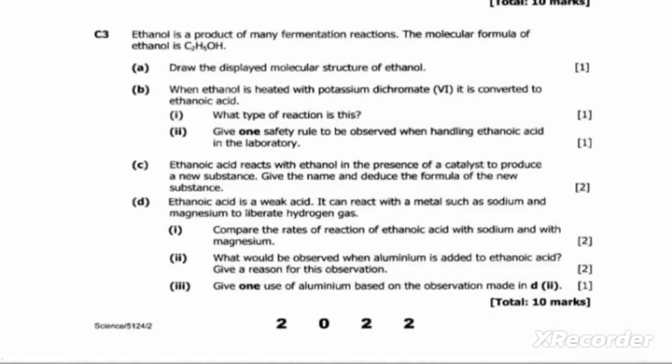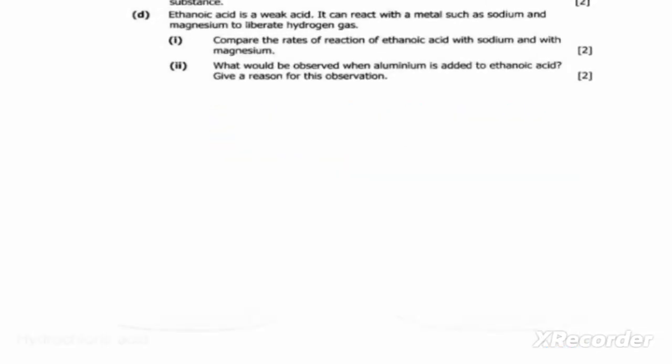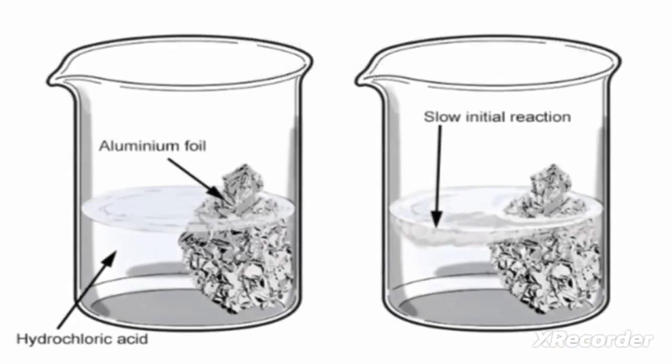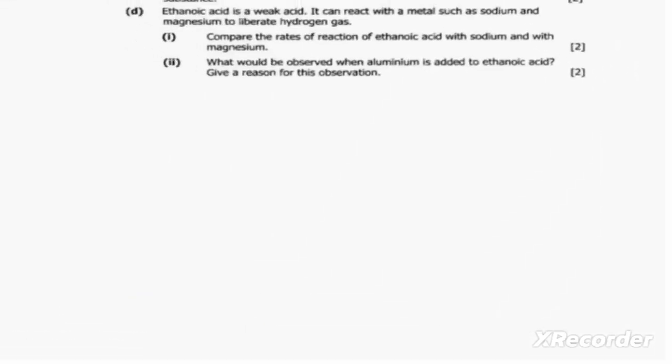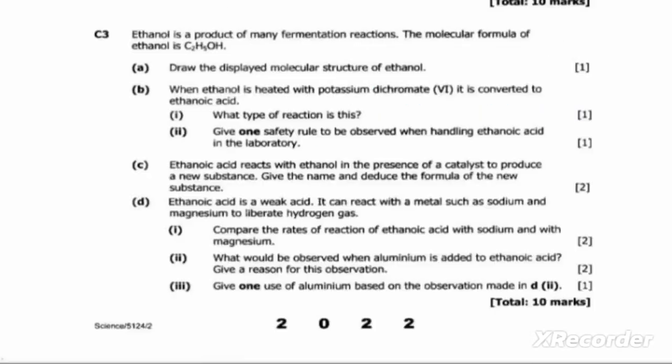We shift to the last question, which is question D, Roman numeral 3. Give one use of aluminium based on the observation made in Roman numeral 2. The question is carrying 1 mark. So according to what we have observed in this experiment, what is the use of aluminium?